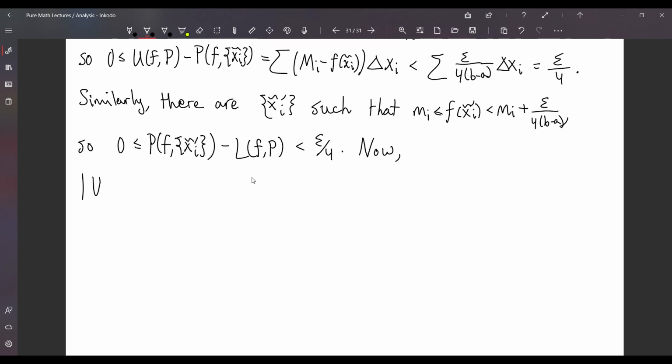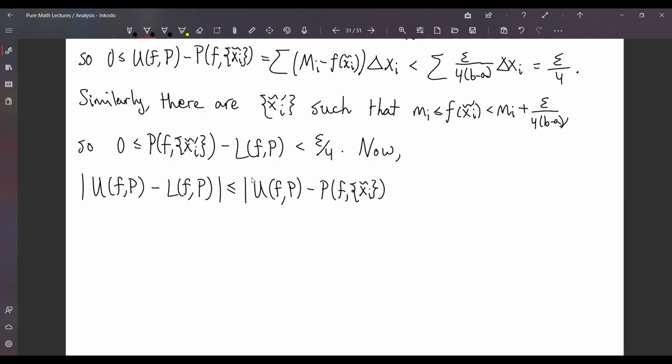So what we have is that the upper sum minus the lower sum is less than or equal to the upper sum here minus the Riemann sum with respect to this evaluation point.